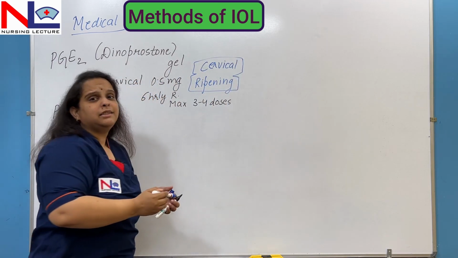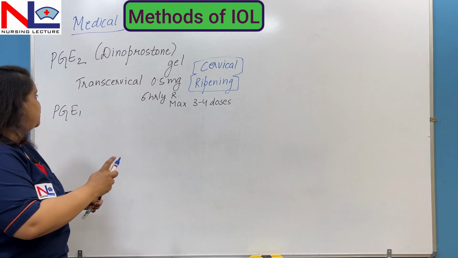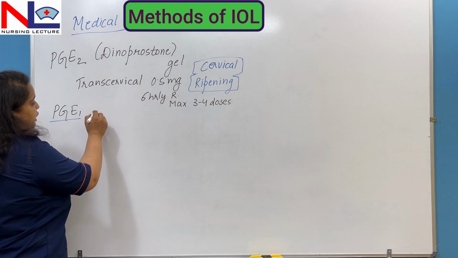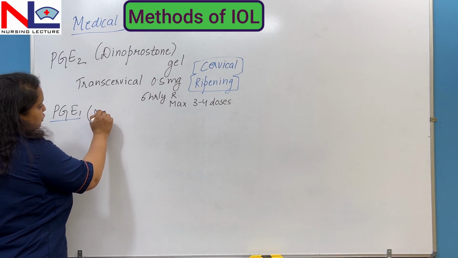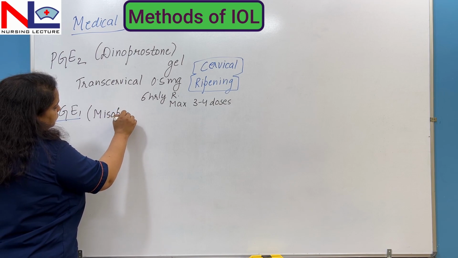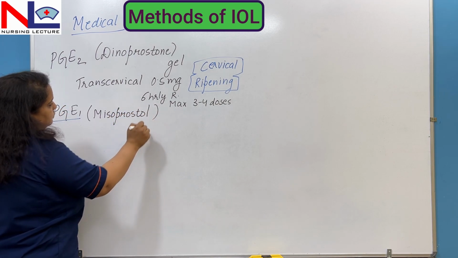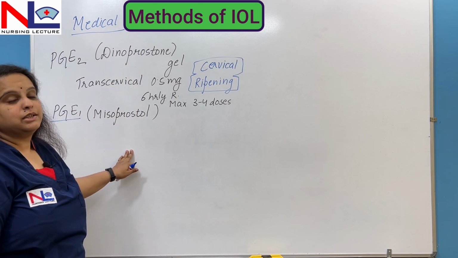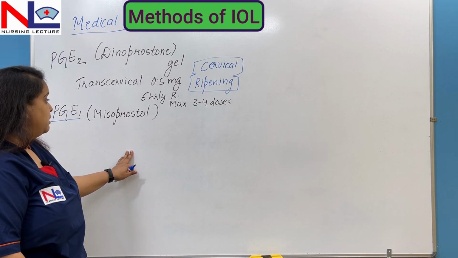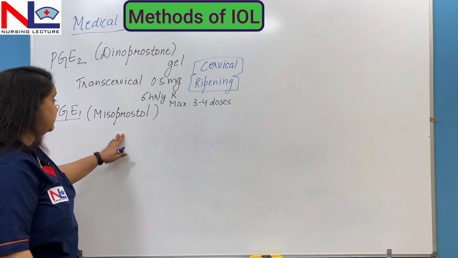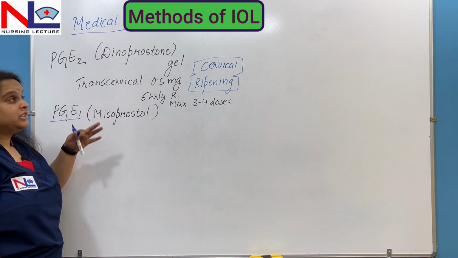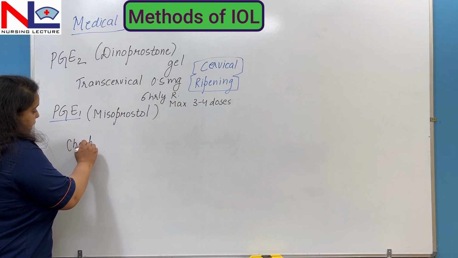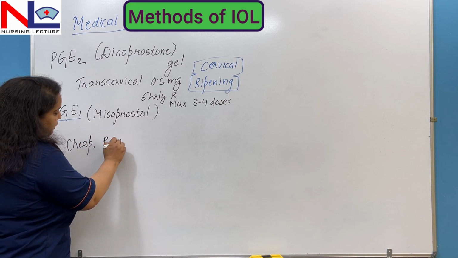The other prostaglandin analog is PGE1, and an example of a prostaglandin E1 analog is Misoprostol. Compared to Dinoprostone, it is not as widely used, but it has some benefits: it is cheaper, and it can be stored at room temperature.